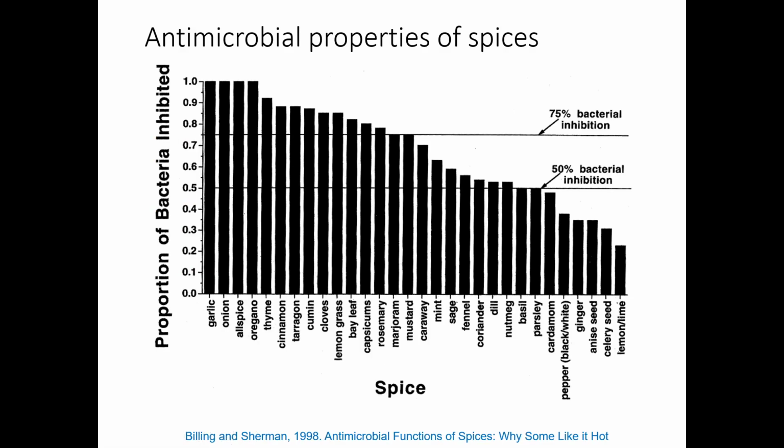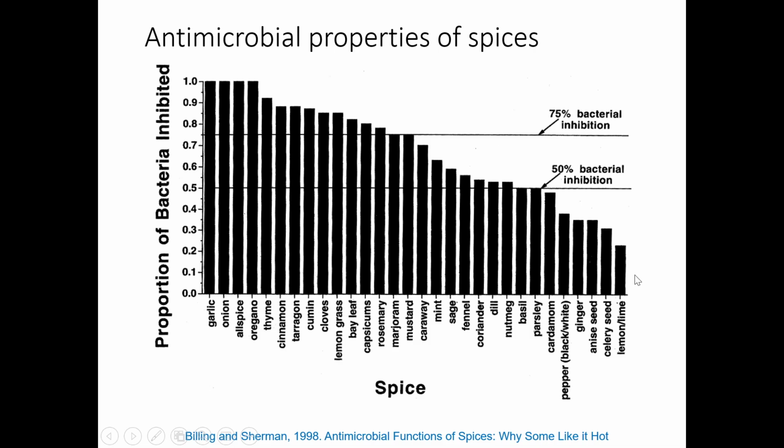So you can see a bunch of different antimicrobial properties in spices. Okay, so this is the proportion of bacteria inhibited, and you can see that garlic, onion, oregano, all these have very high antimicrobial properties, or they can inhibit a large percentage of bacteria, a large proportion of them.